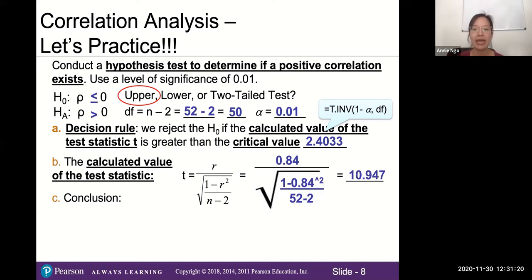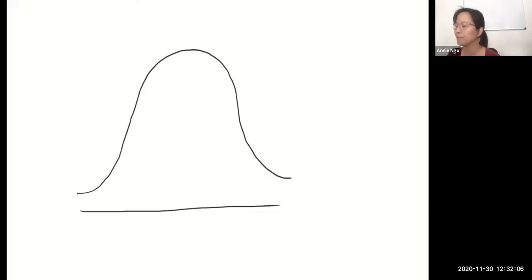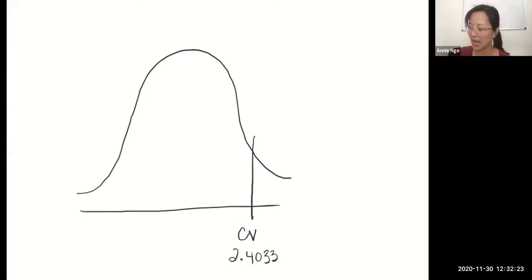Now let's go ahead and interpret a few things. So here's our normal distribution curve. We're doing an upper tail test, right? So our critical value was 2.4033. That test statistic was 10.947, something like that.